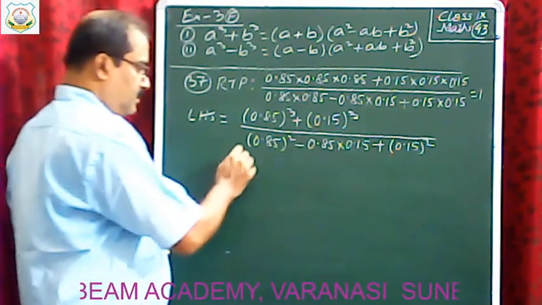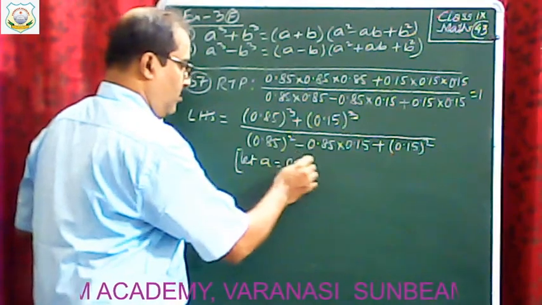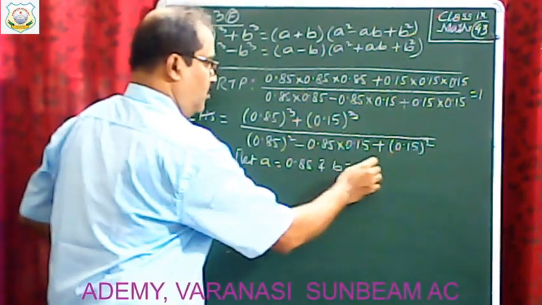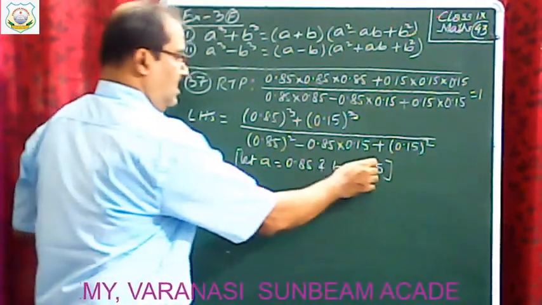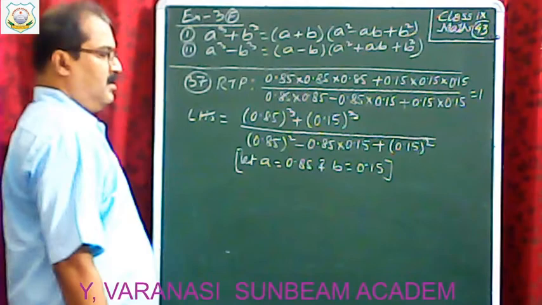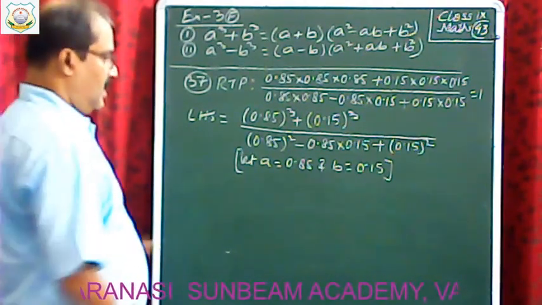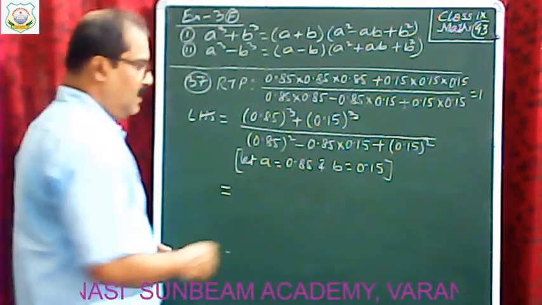So let, within bracket, a equal to 0.85 and b equal to 0.15. There are two numbers only, these are 0.85 and 0.15. You have to suppose a and b, and thereafter you have to express the given in terms of a and b.